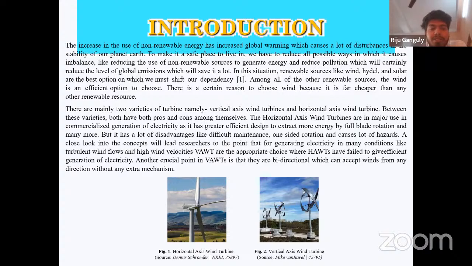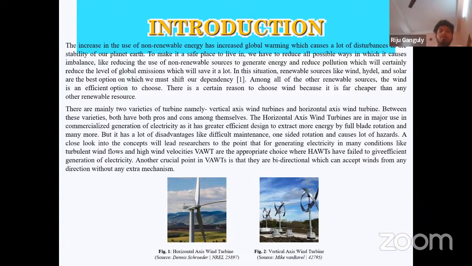To make it a safe place to live in, we have to reduce all possible sources that cause imbalance, like reducing the use of non-renewable sources to generate energy and reducing pollution, which will certainly reduce the level of global emissions and save the Earth a lot.